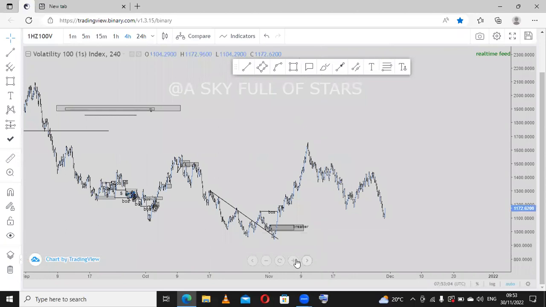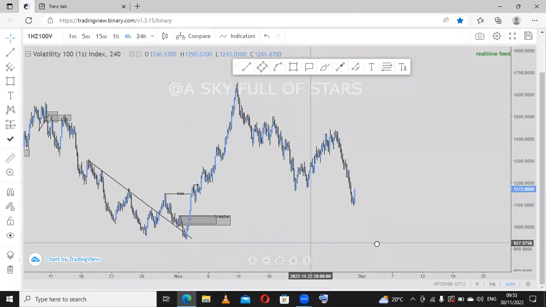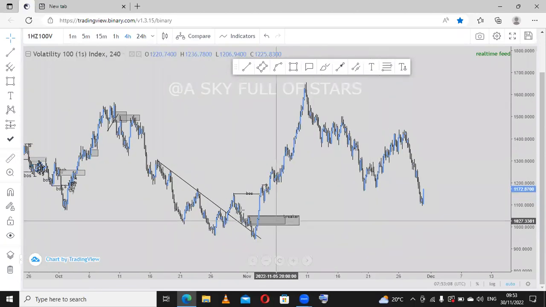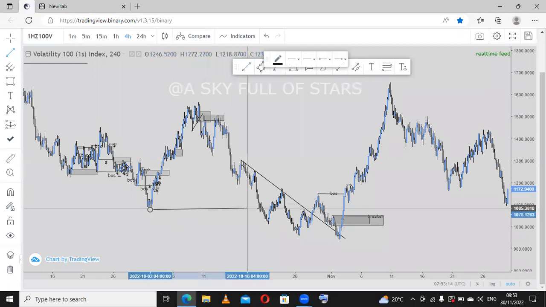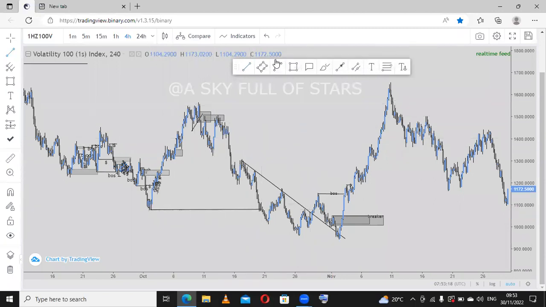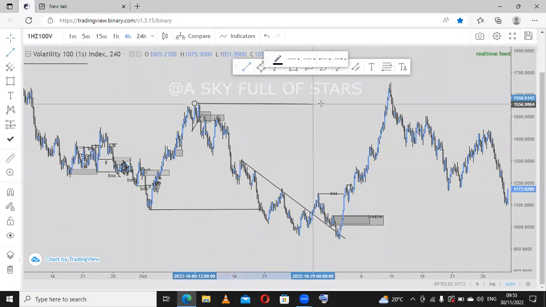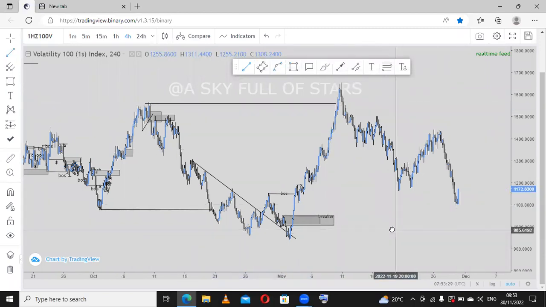Let's see what it looks like. We broke down here, right? Which means this was the highest point, the external structure, and it was broken. This is a change of character.